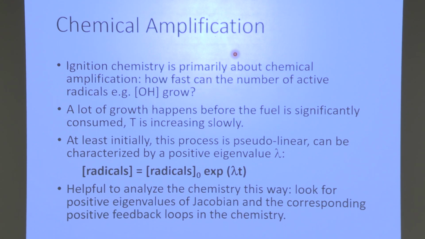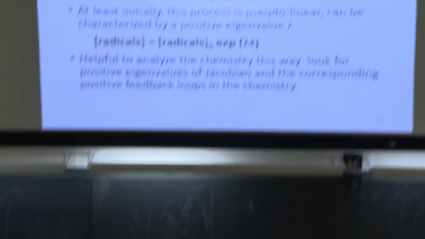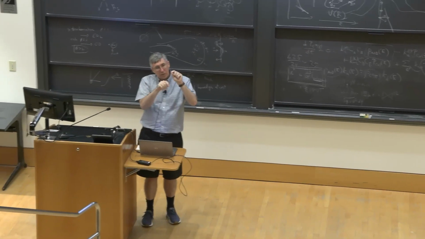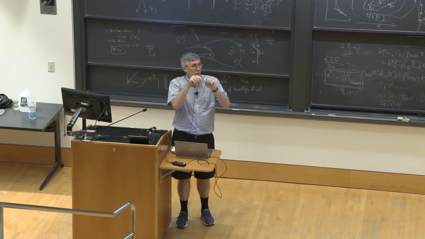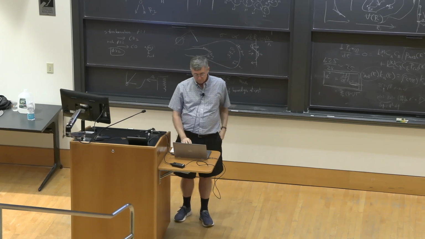The key concept to understand ignition is chemical amplification. It's primarily how fast the number of radicals can grow. If you put a tiny bit of radicals in, do you get a million more radicals out, or do the radicals just react away and they're gone? These are the two cases: you have ignition or you have a misfire, where nothing happened.